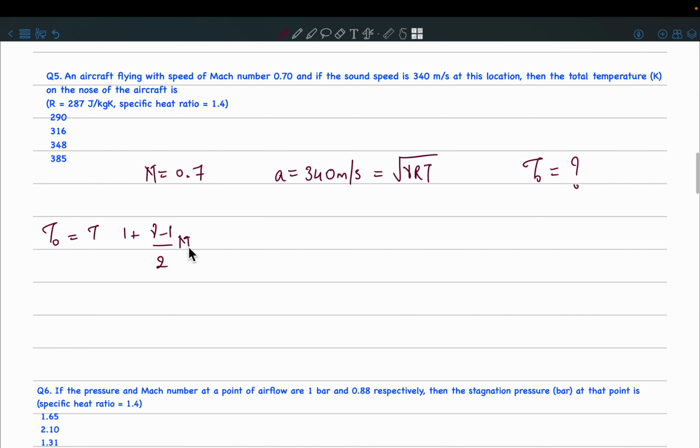Right, thank you. Okay, so this is the formula. So here we just need this temperature T, which you can find by substituting the values over here, because speed of sound is given and also Mach number is given. So please calculate. First tell me what is the T value, and then tell me what is the value of T naught.